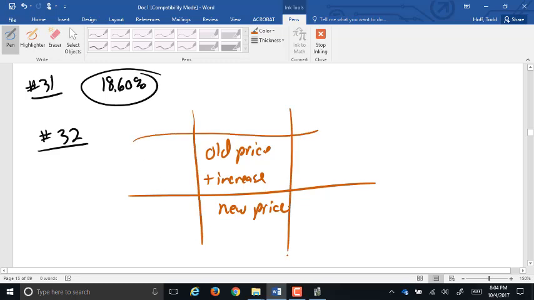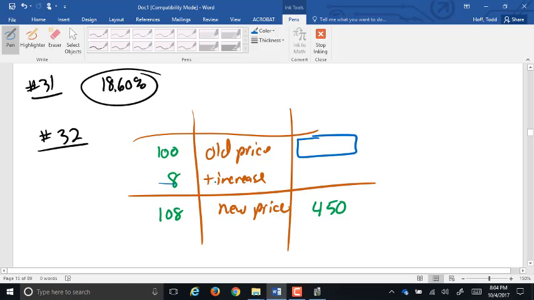So on the percent side of this issue, we have the old price, which was 100%. This was an 8% increase, so the new price is 108%. On the dollar side, we know that the new price is $450, and we want to know what the old price was.